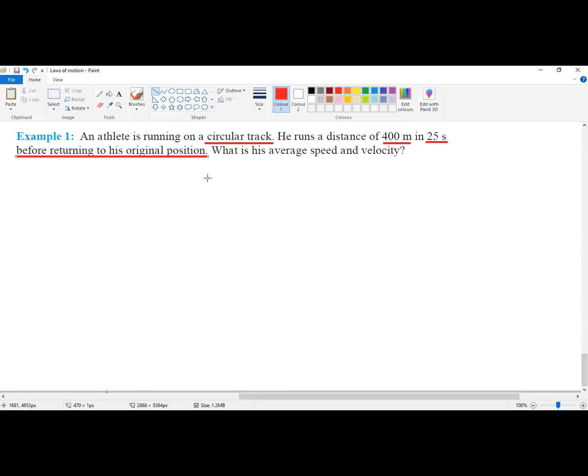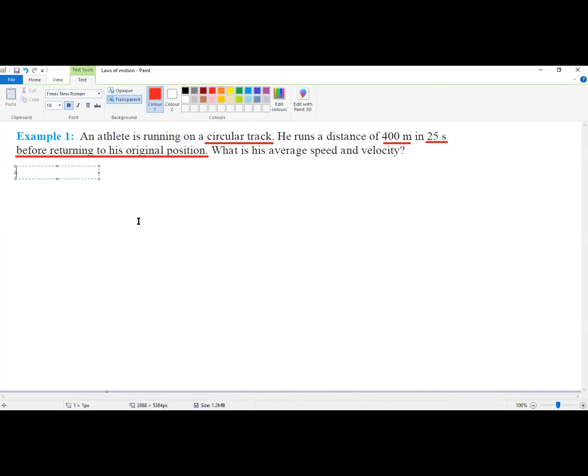That means his total displacement comes out to be 0, since he reaches his original position. So the total displacement should be 0, but the total distance covered by him is 400 meters, and the time taken to cover that distance is 25 seconds. So let's first figure out the given things. What is given?